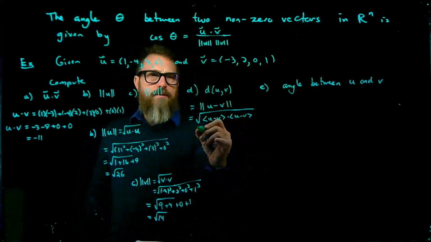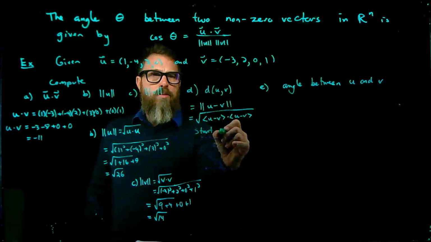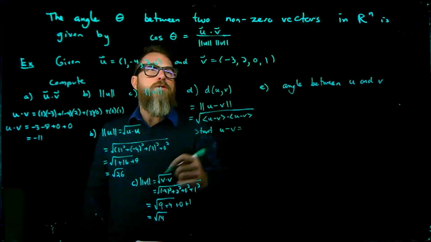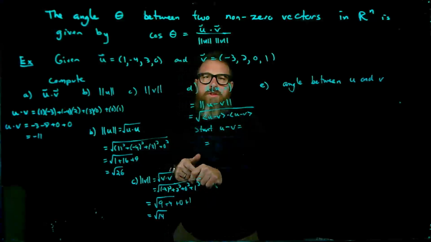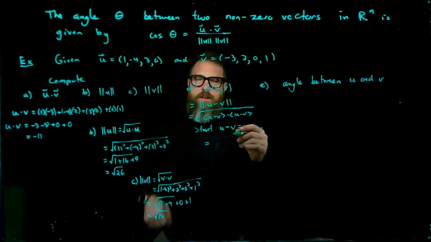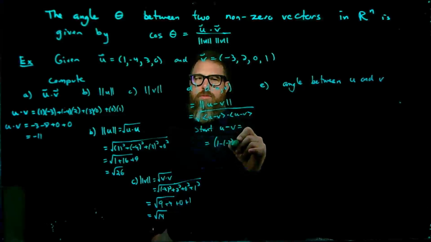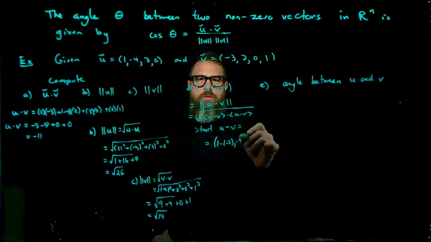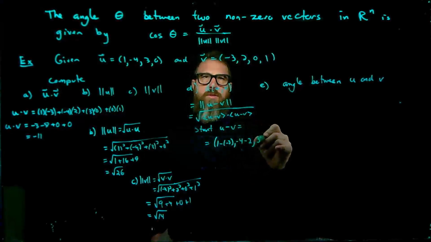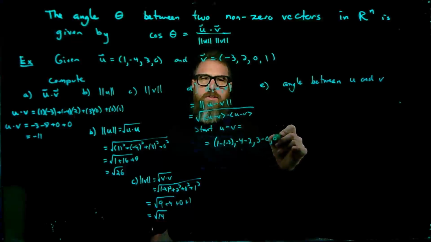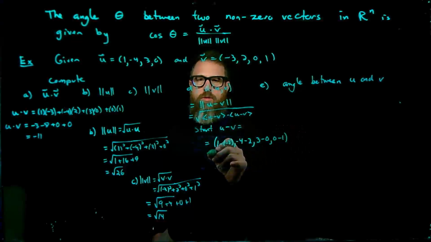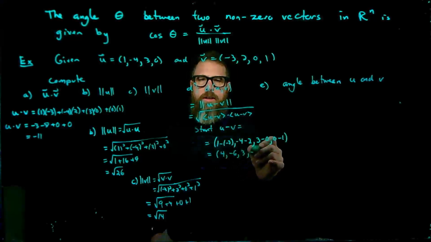So first, what is u minus v equal to? We have to subtract the corresponding components. So u minus v is going to be 1 minus minus 3, minus 4 minus 2, 3 minus 0, and finally 0 minus 1. So u minus v is going to be equal to 4, negative 6, 3, negative 1.